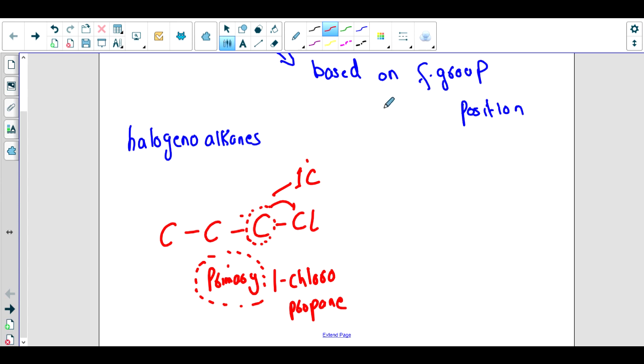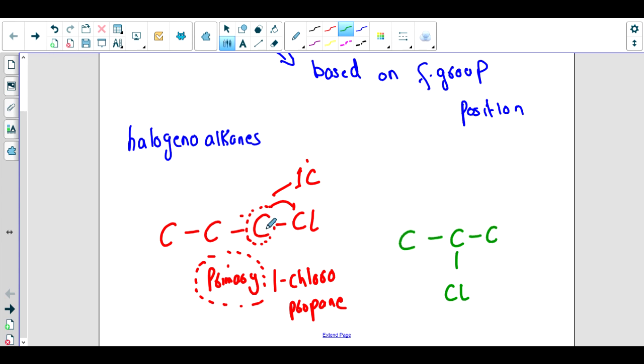Now look at this one. You have a carbon which is attached to the functional group chlorine. Let me draw it like this so it becomes easy to understand. This is the carbon which is attached to chlorine, and this carbon is now connected to two more carbons.